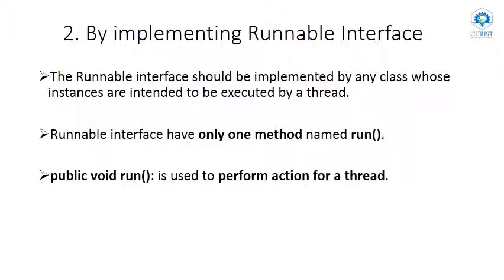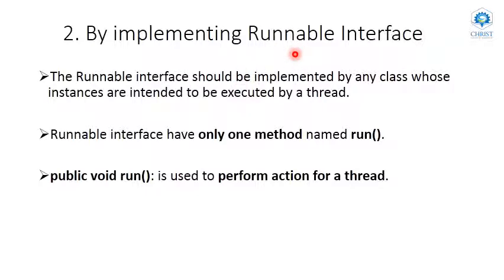The second way of creating thread is by implementing the Runnable interface. So just now we saw how to create threads by inheriting a class named Thread. Now we will see how to create threads by using an interface, and the interface name is Runnable. This Runnable interface has got only one method, that is run.